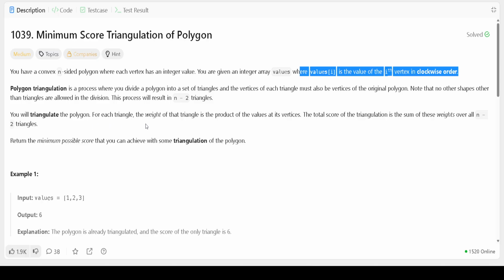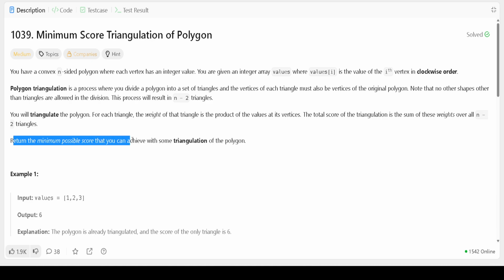For each triangle, the weight is the product of the values of its vertices. The total score of the triangulation is the sum of the weights over all the triangles. We have to return the minimum possible score that you can achieve with any triangulation of this polygon.